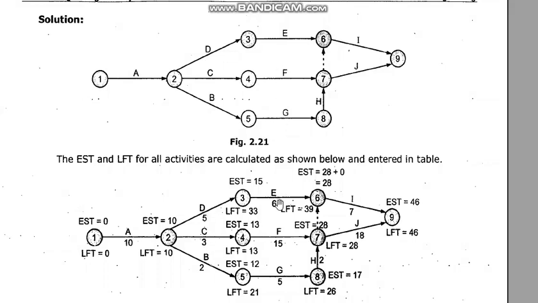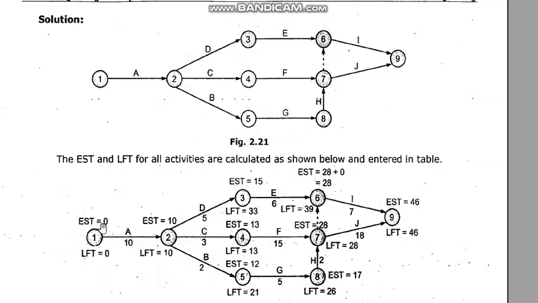The dummy doesn't take any time, so it is 0. For H, if you cannot write just below, you can write beside it. And for I7, J18 also, all these are the durations of the activities. First you write those things.